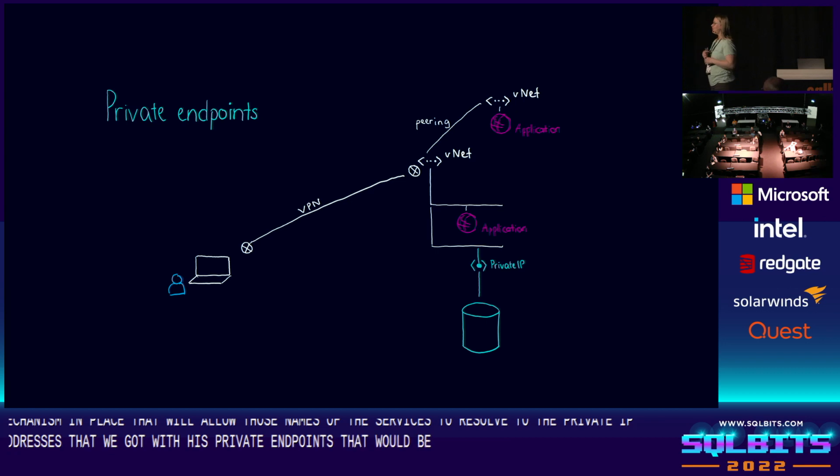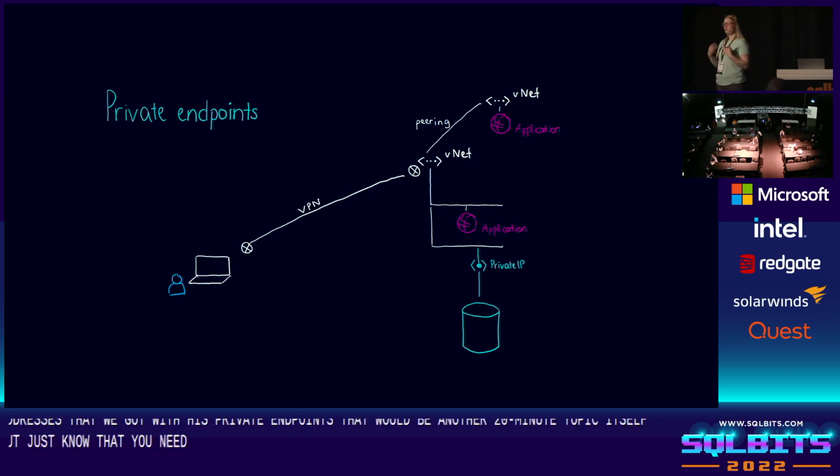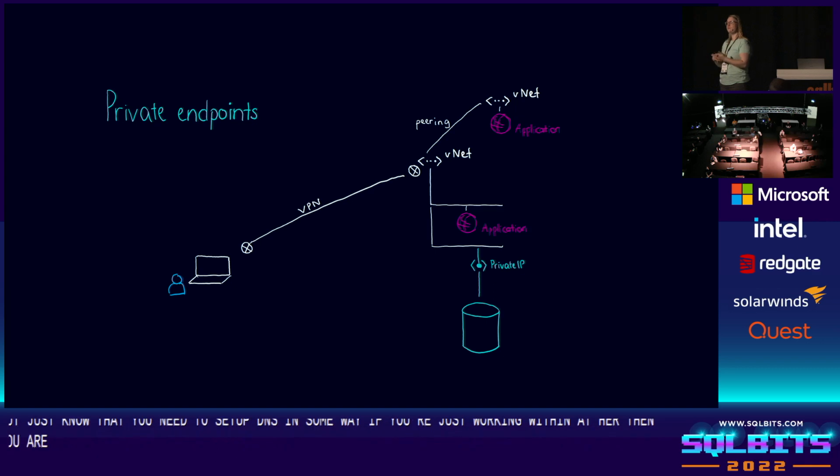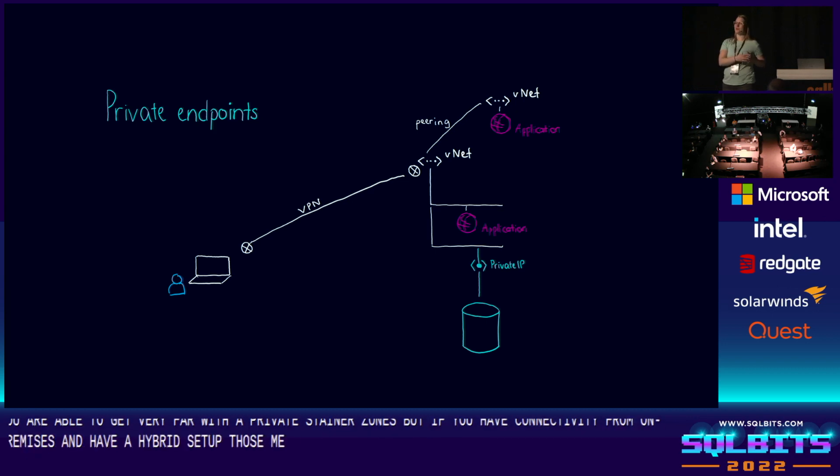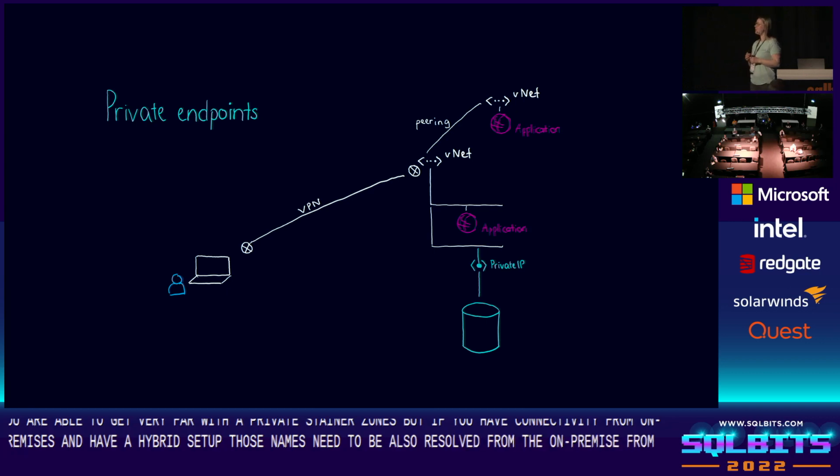That would be another 20-minute topic in itself, but just know that you need to set up DNS in some way. If you're just working within Azure, then you are able to get very far with the private DNS zones. But if you have connectivity from on-premises and have a hybrid setup, those names need to be also resolved from the on-premise networks as well.